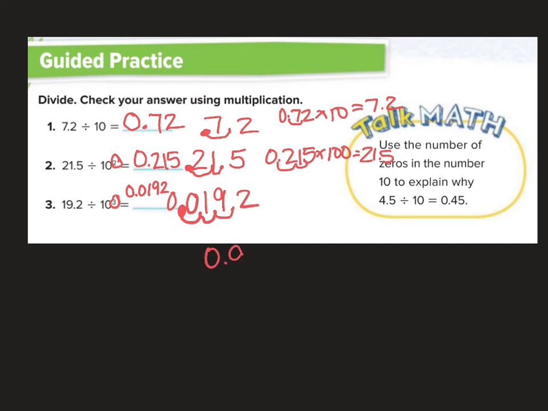If I take that, I need 2 zeros, not just one. 0.0192 times 1,000, 3 zeros, 1, 2, 3. So I would get 19 and 2/10. Yep, that's what I should get.